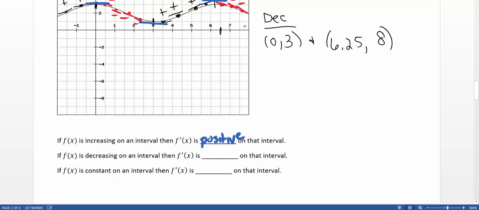If f of x is decreasing on an interval, we say the derivative is negative on that interval. And if f of x is constant, then we say that the derivative is 0 on that interval.